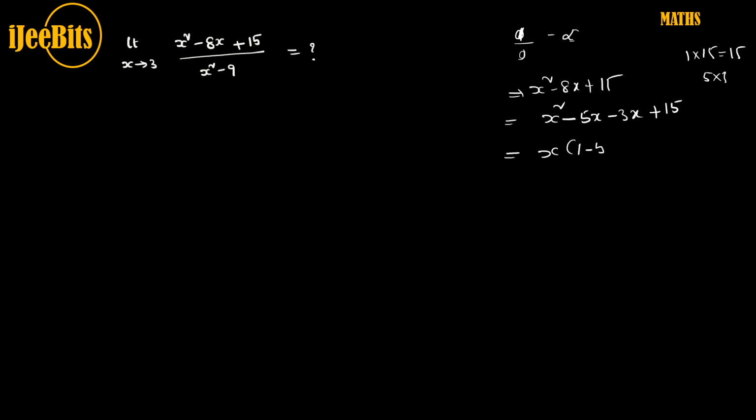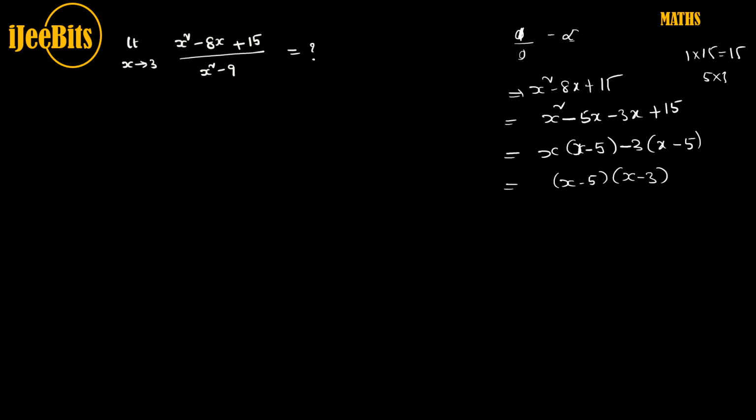Then common x. So what happened in this one? x minus 5, and x minus 5. Here for these two you can take 3 common, x minus 5, right? Then how do you write this one? x minus 5 and x minus 3.